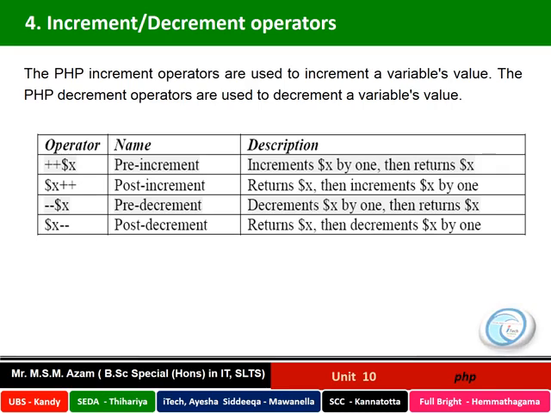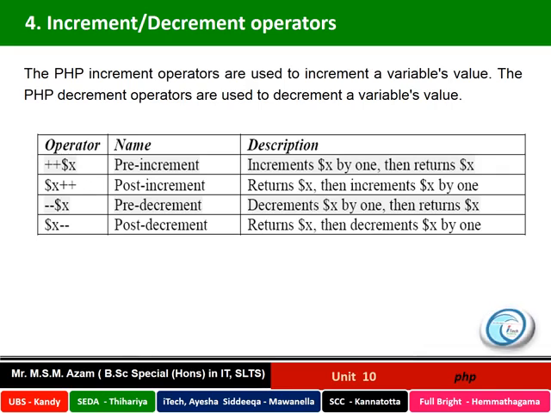Next one, --$x. This is called pre-decrement. Here, first we have to decrement the value of the variable by 1, then return the value of the variable x. Next one, $x--. That means variable value minus minus.